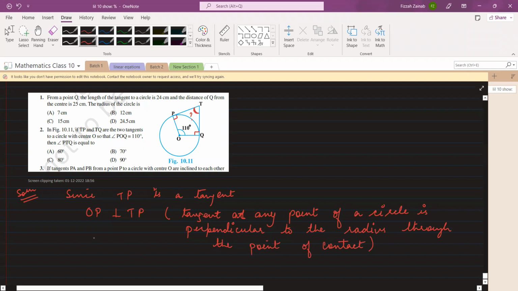So that means angle OPT is 90 degrees. So one angle we have shown.